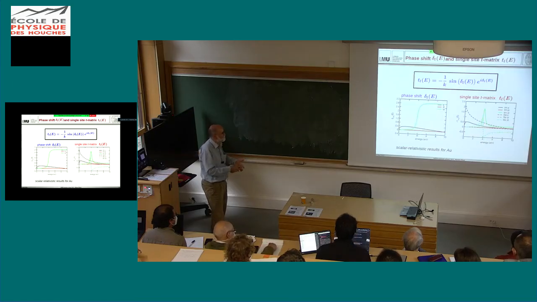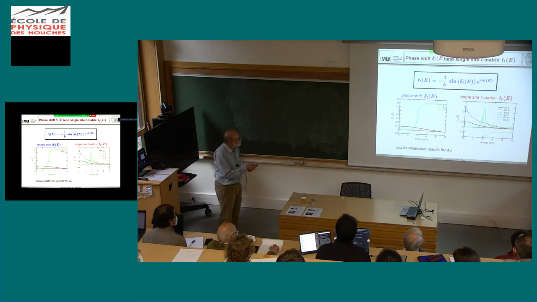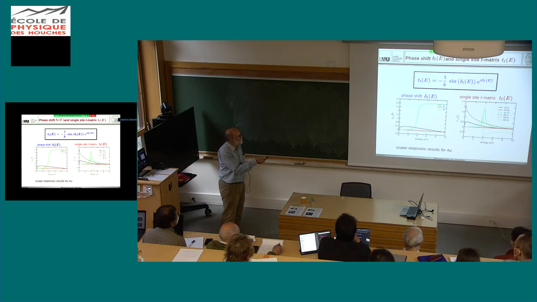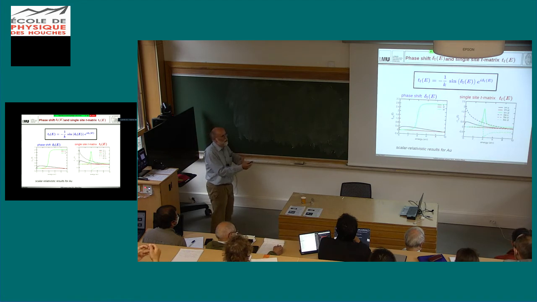Originally it was introduced first, I would say, in the band structure scheme, and what you can see, of course, is that it's energy dependent. Here again for a noble metal, for gold, this is for S, and this is for P, and this is typical for transition metals, that you have a resonance in the middle of the band. And depending on the potential behavior, this is very sharp or it's more widened, as you see here for gold.